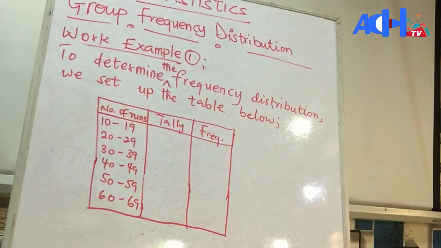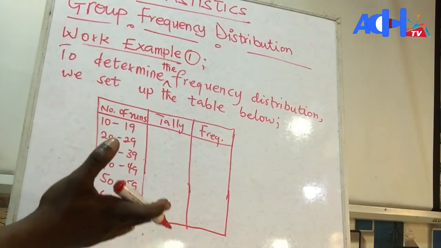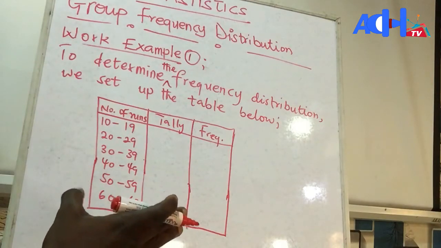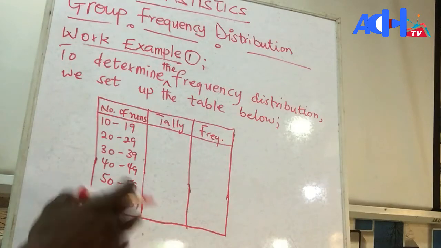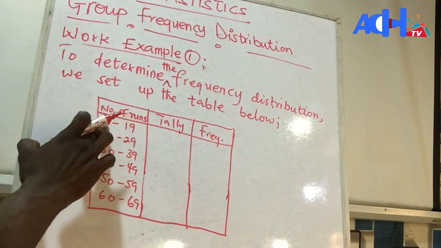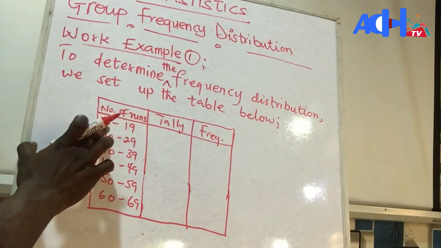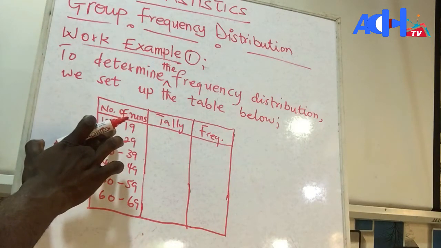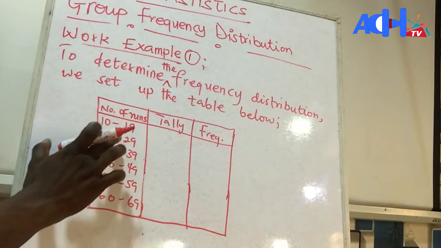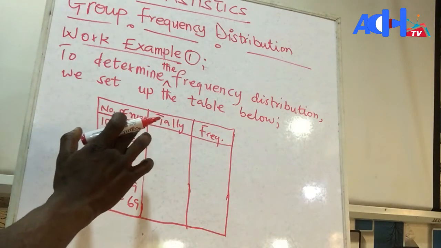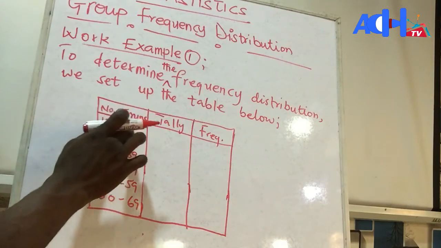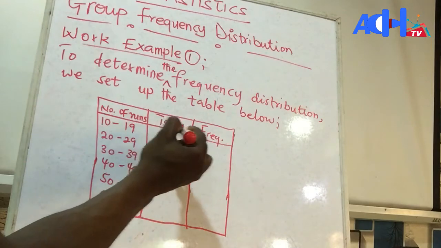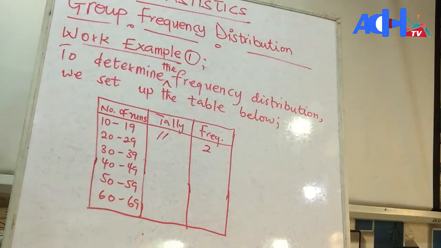That's our table. Now you complete it by looking at the large range of values given. When you go back to the data and count, the number of values within the first range is 2, so you write 2 at the frequency.